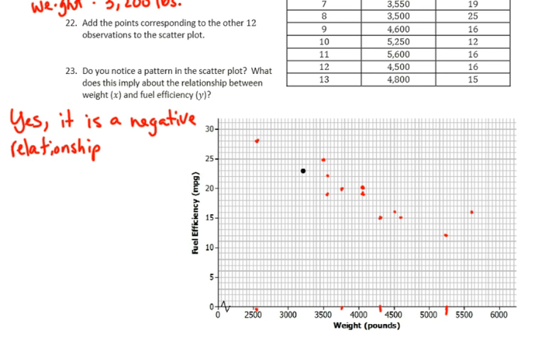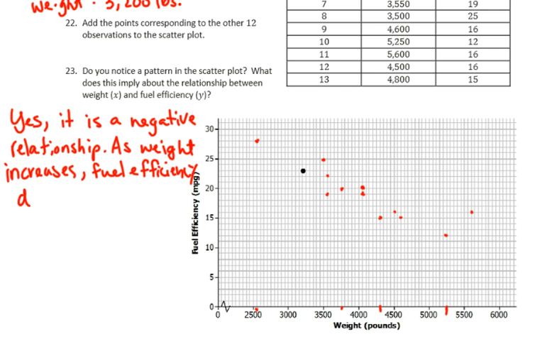What does this imply about the relationship between the weight and the fuel efficiency? As the weight increases, meaning as the cars get heavier, it looks like by using the scatter plot, the fuel efficiency decreases. So as one goes up, the other goes down. That's a negative relationship.